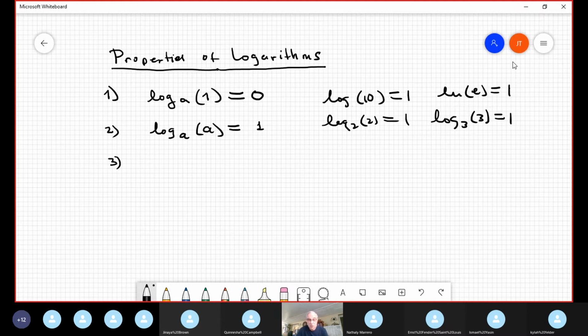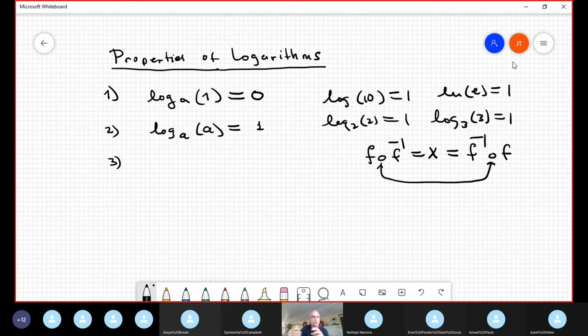Okay? Number three. Do you remember when we studied inverse functions, the composition of f and f inverse gives me the identity in both directions? And we studied in another moment that the logarithmic function is the inverse function of the exponential. So you put together in the composition, remember that symbol indicates composition, in either order the logarithm and exponential, and they undo each other.